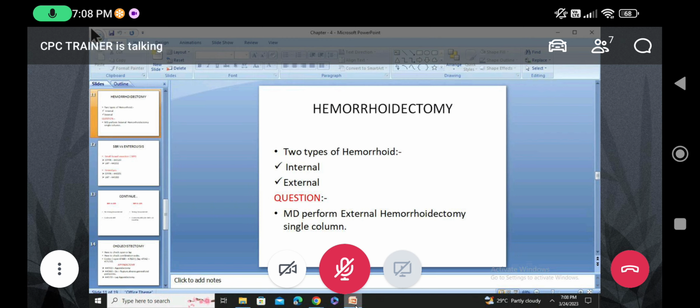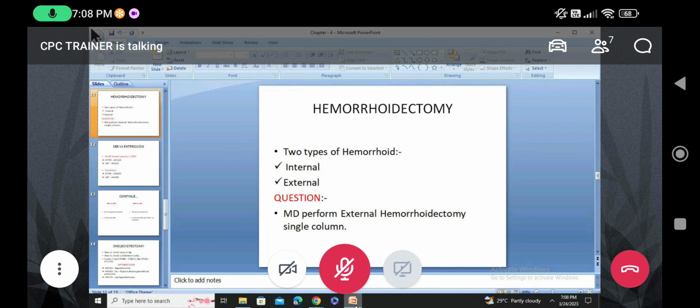Once again I repeat, guys, 46220 hyphen 46255. So this is the description. So this is the code sets, right?